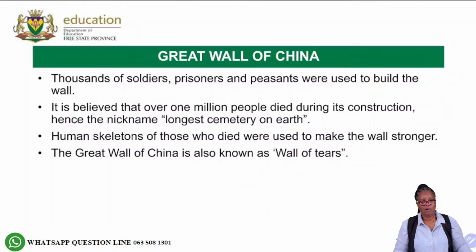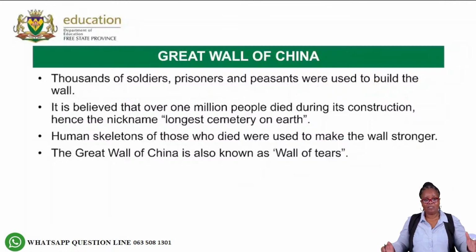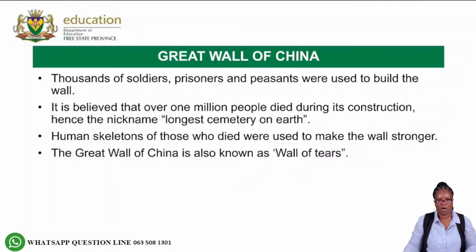Those people, their skeletons were used to enhance the wall to be strong. They were put as part of the material, to say it simply. So their skeletons were used as part of the material to make the wall strong.